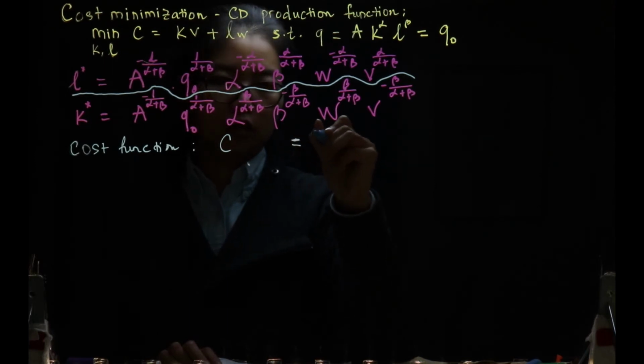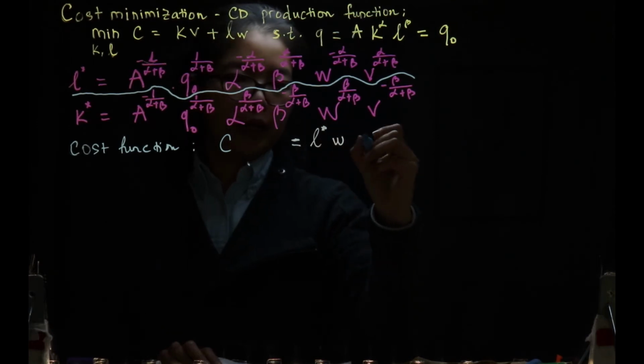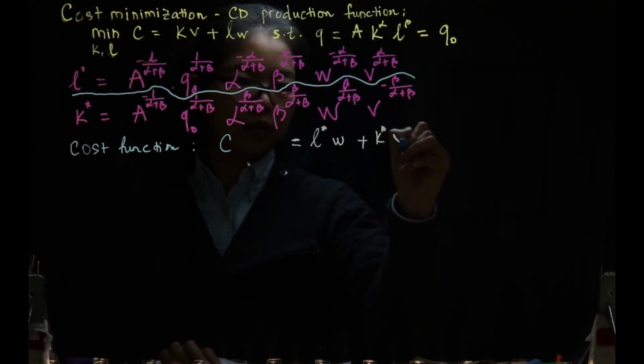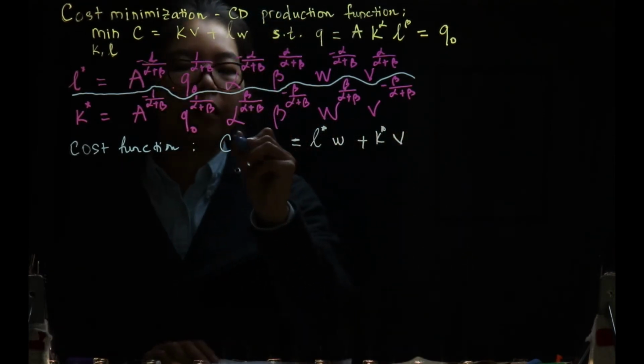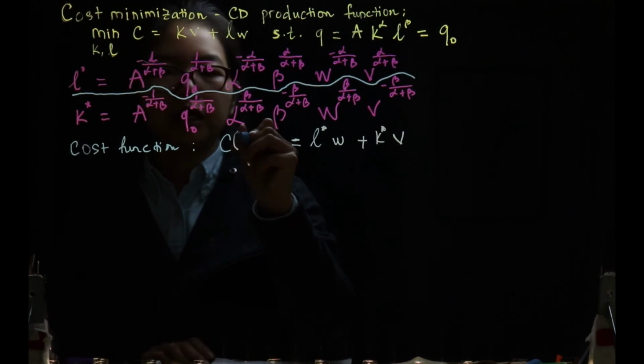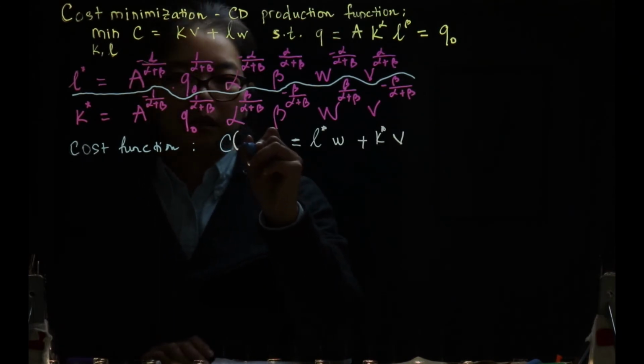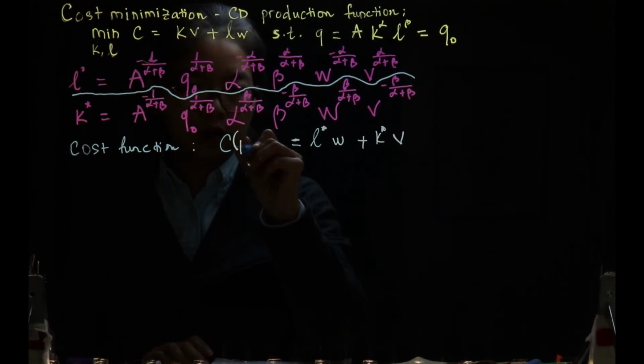The total cost. So that is L star times W plus K star times V, and because L star and K star are functions of input prices and quantity, so is cost.